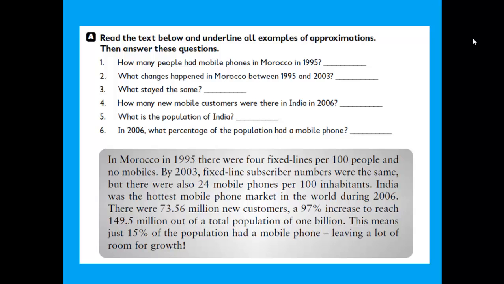Number 3. What stayed the same? Number 4. How many new mobile customers were there in India in 2006? Number 5. What's the population of India? And number 6, in 2006, what percentage of the population had a mobile phone?